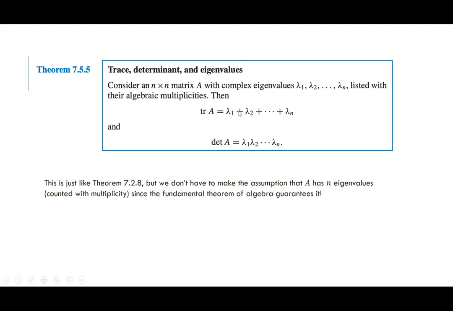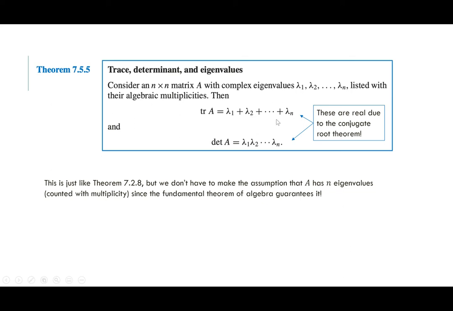But you might be worried. Wait a second, if the trace is the sum of a bunch of complex numbers, how do I know it's real? And similarly, if the determinant is a product of a bunch of complex numbers, how do I know it's real? Because if A is a real matrix, its trace and determinant have to be real. Well, these are real due to the conjugate root theorem. Remember, if A is real, then if any of these are complex, their conjugate has to show up as well.